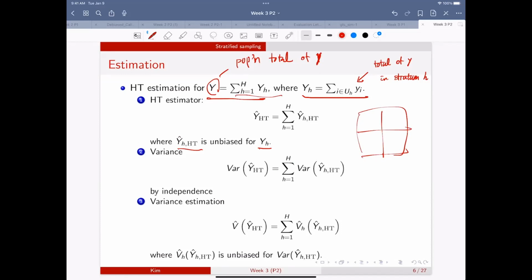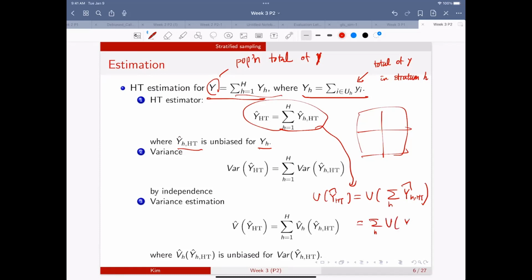And then the variance. To be rigorous, in general you can write it this way: the Hurwitz-Thompson estimator can be expressed as a summation of the Hurwitz-Thompson estimators in each stratum.